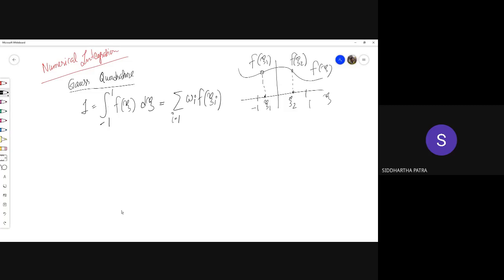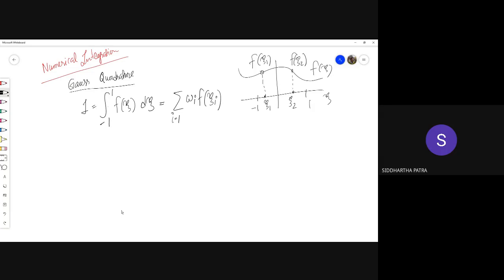And then you multiply with certain weights and represent the integration exactly or approximately. So this is the idea.